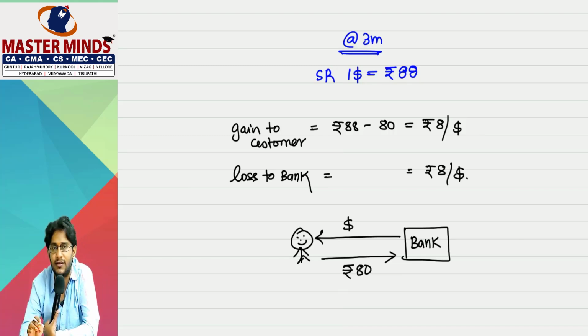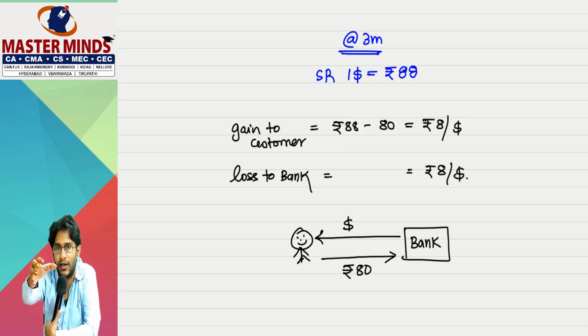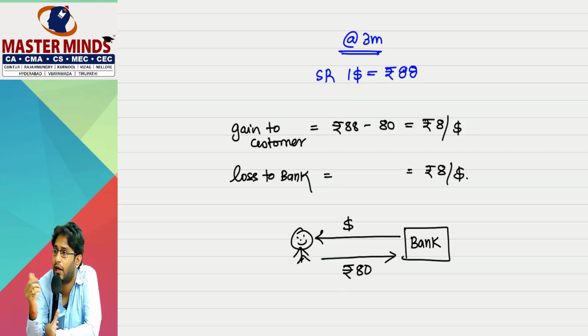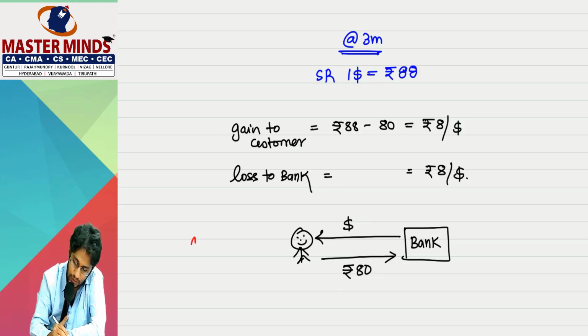Suppose, can this customer do like this? He takes the dollar from the bank at 80. Immediately after 1 minute, hi bank, take this dollar, give me rupees 88. Can he do that? Yes. Obviously, happily he can do that. That means, can he make a gain of 8 rupees? Yes. 8 rupees cash will come to you indirectly. This is called gross settlement.